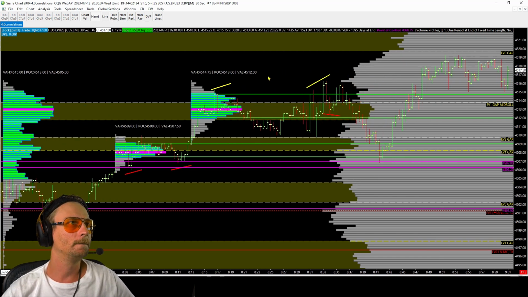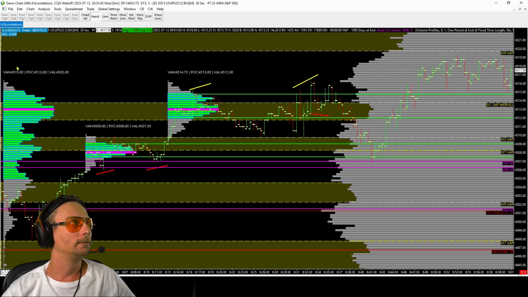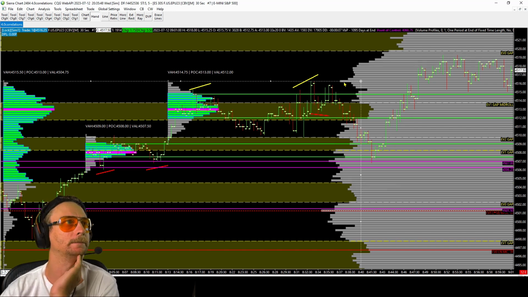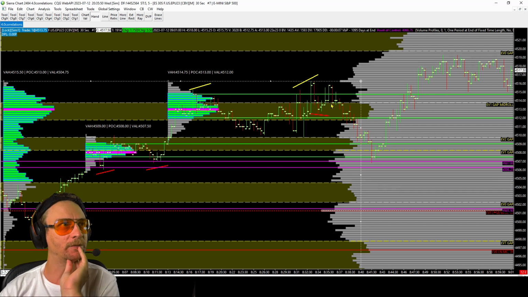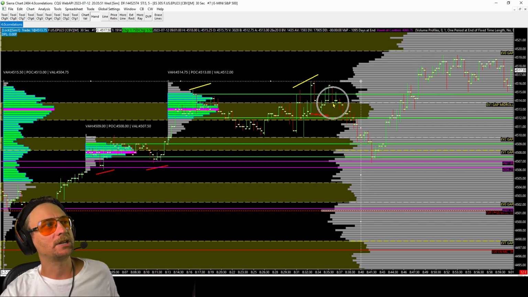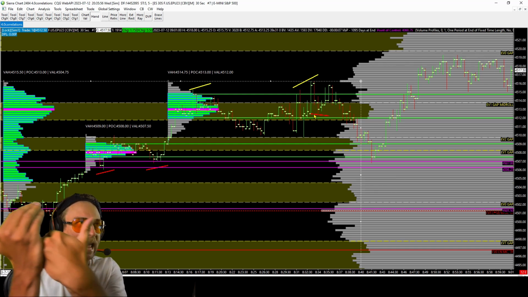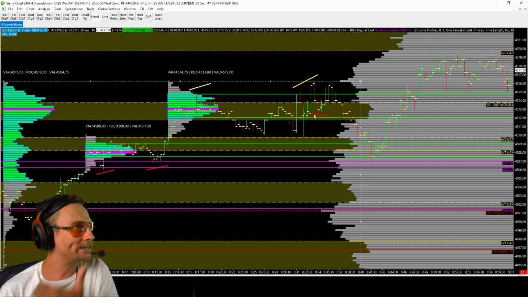Okay, so we want to make sure that we're looking at this as it's unfolding, but this is still unfolding as well. This is not like a prior value zone. This is still unfolding. However, once we get on top of this yellow box, I know it mid-pivoted both the profile and the gap, and it top ticked.